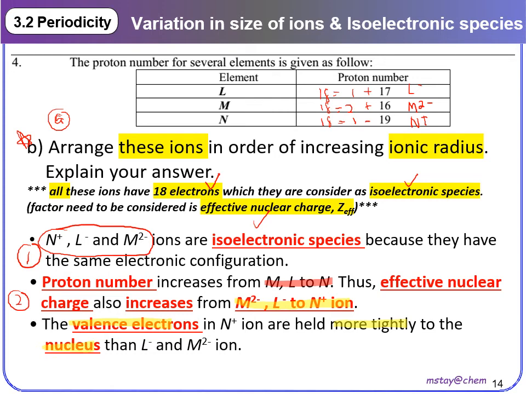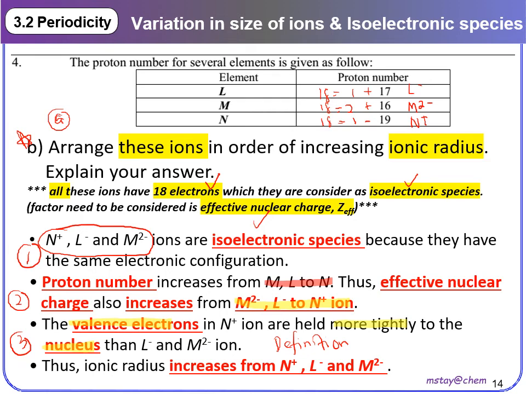Why do we want to mention this? Because this indirectly lets us know the definition of the radius. Because of this, the size will increase from N positive to M2 negative.